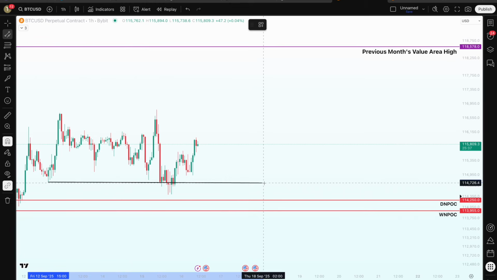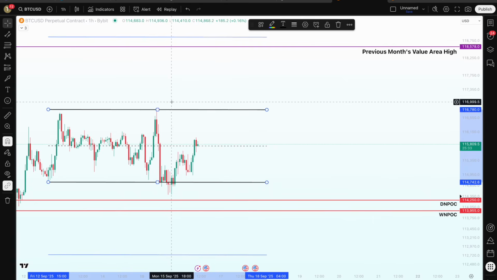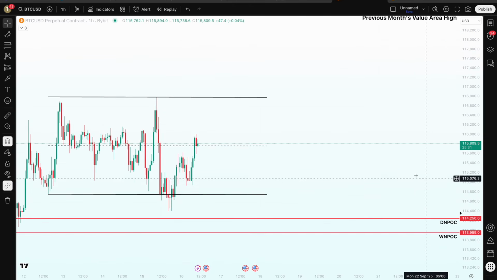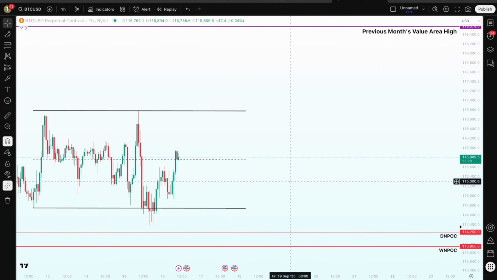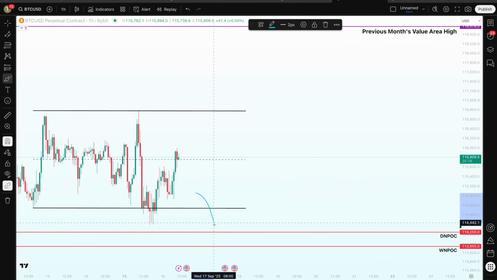So this is our current range. And what I am planning on doing here is waiting until price comes down, hits my levels, the daily MPOC or the weekly MPOC, so something like this, price comes down, hits the daily MPOC, hits the weekly MPOC, and then reclaims this range right here.